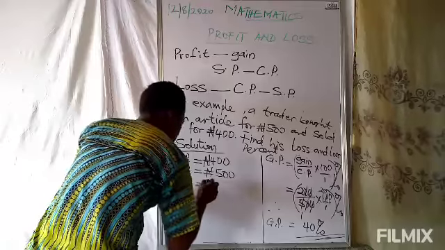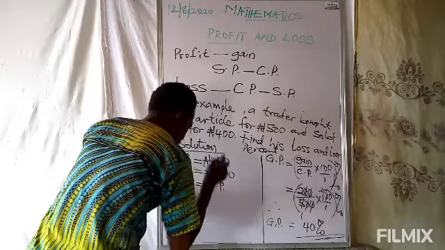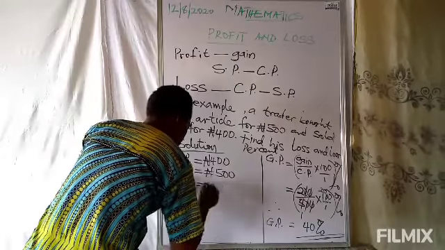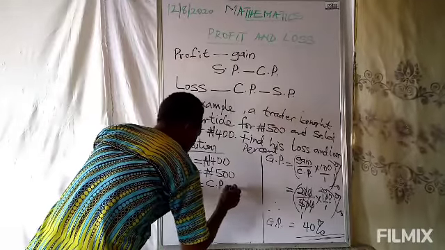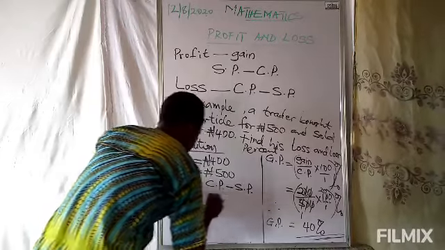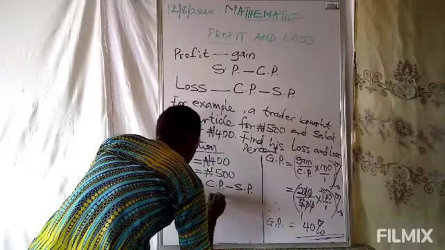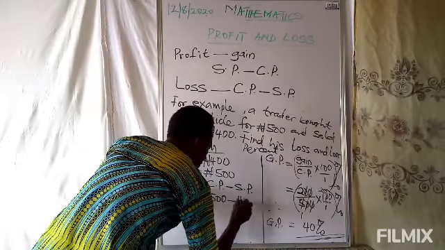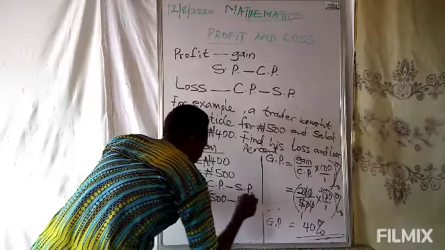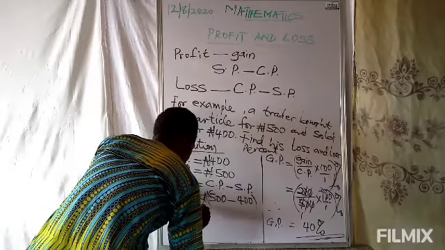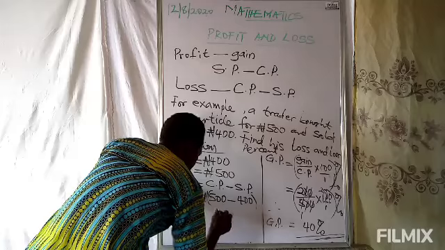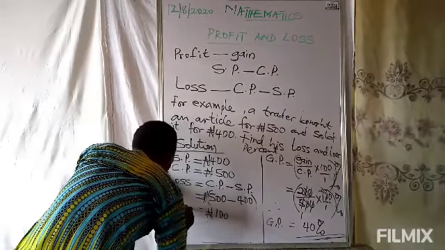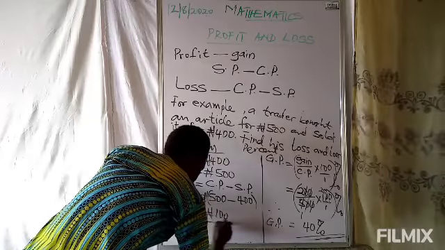Loss is cost price minus selling price. So this one becomes 500 minus 400, all in naira. So this one becomes 100 naira. So the loss is equal to 100 naira.